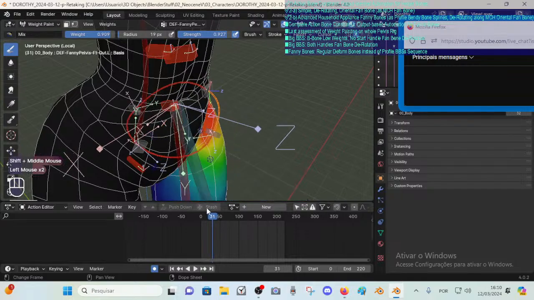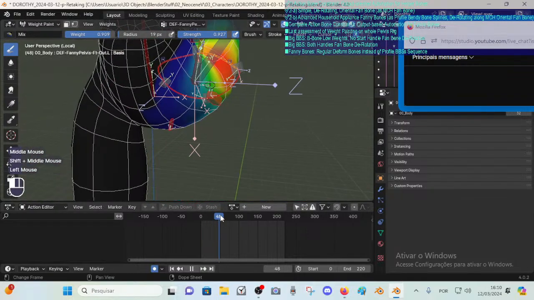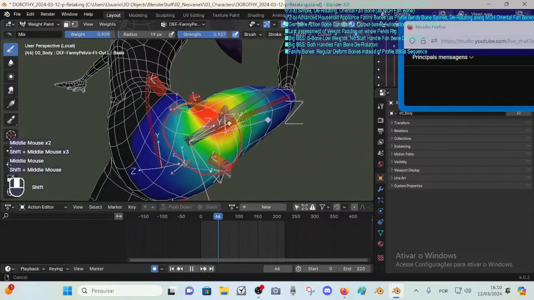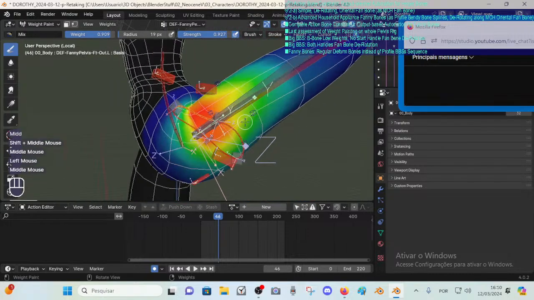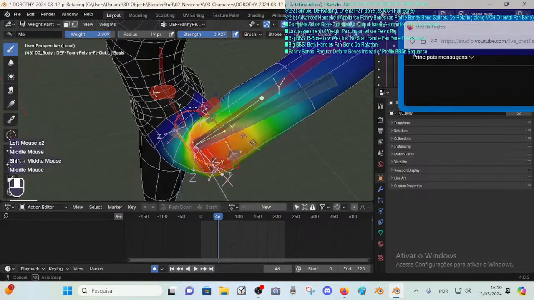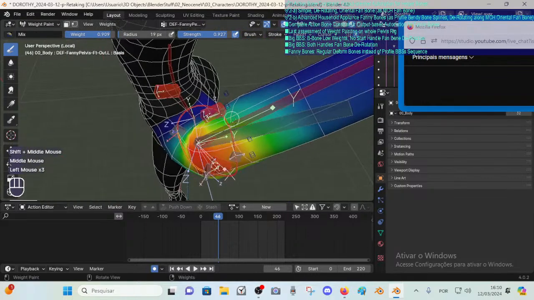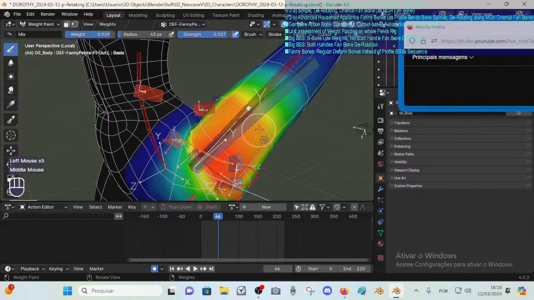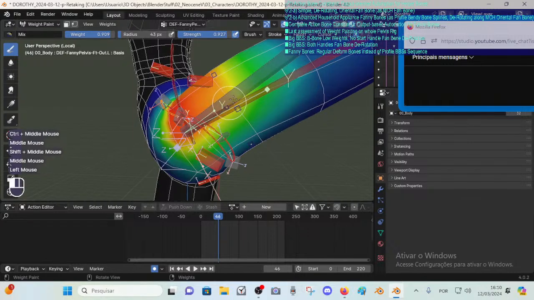Maybe this pose is not helping. Let's get another. Yeah, this one will be easier. No, it's not this. It's here, here, and here. This one is having difficulty. There we go. I'll blur later, all simultaneously.